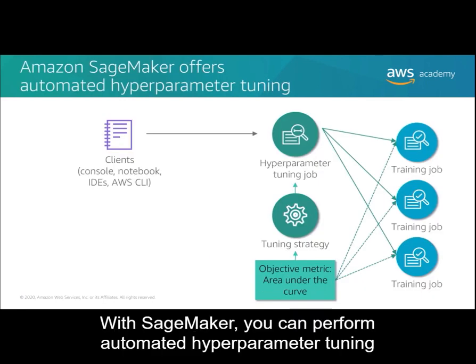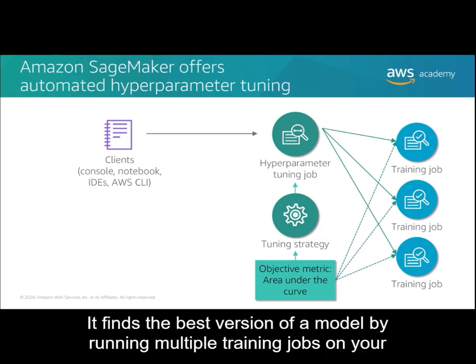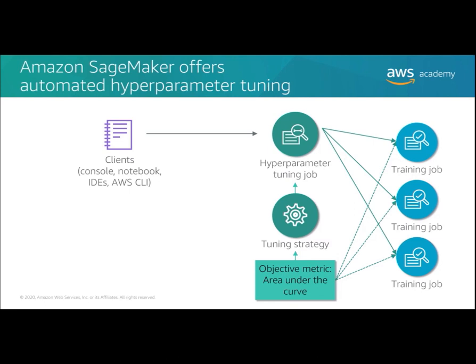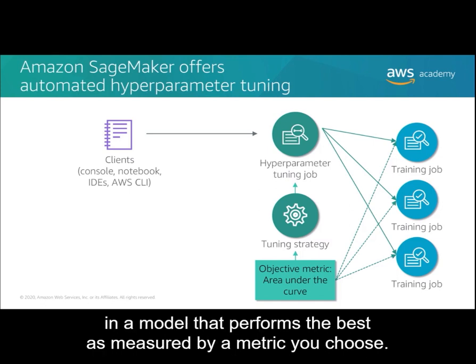With SageMaker, you can perform automated hyperparameter tuning with Amazon SageMaker Automatic Model Tuning. It finds the best version of a model by running multiple training jobs on your dataset by using the algorithm and hyperparameter ranges you specify. It then chooses the hyperparameter values that result in a model that performs the best as measured by a metric you choose.